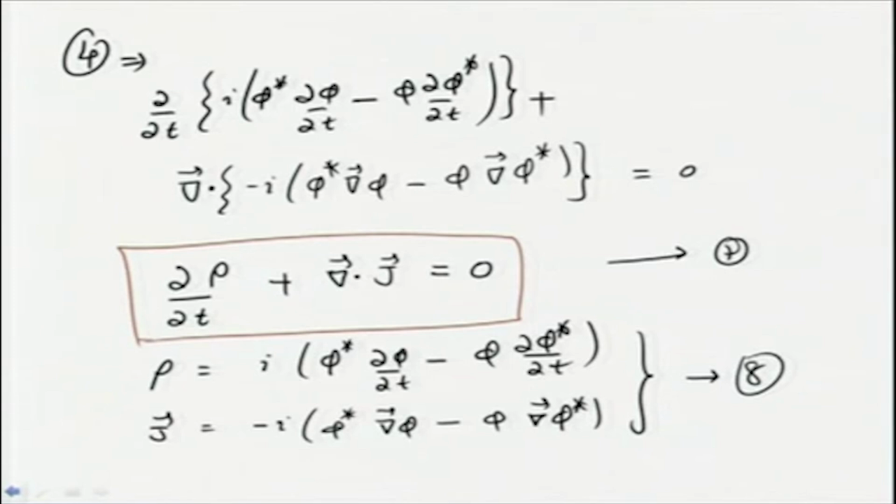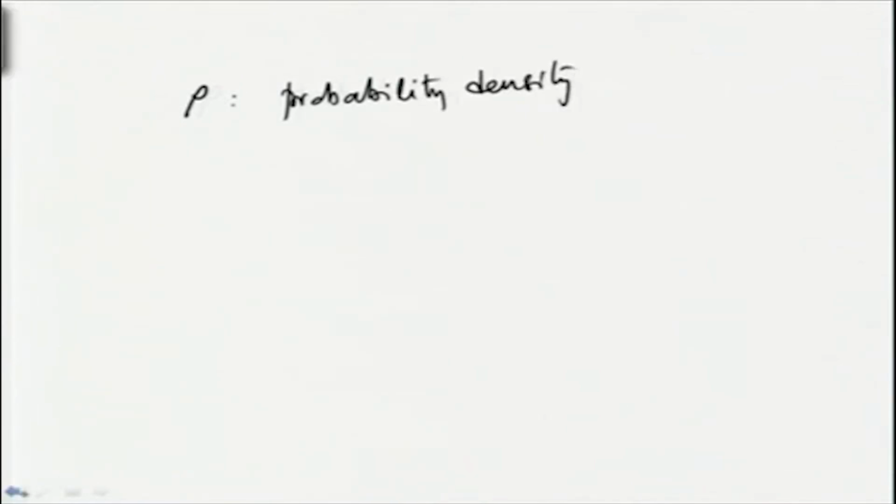There, j is considered as the probability current. So, here again we can interpret rho as the probability density and j as the probability current.